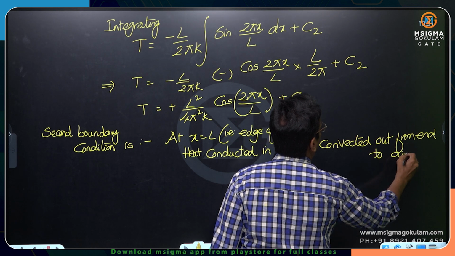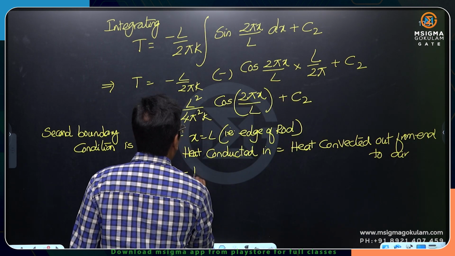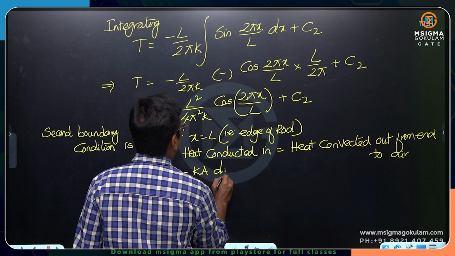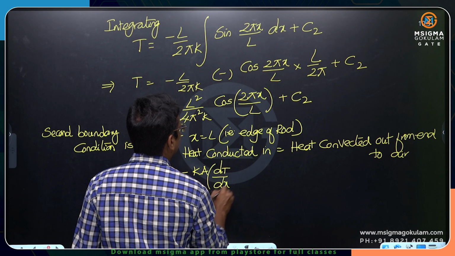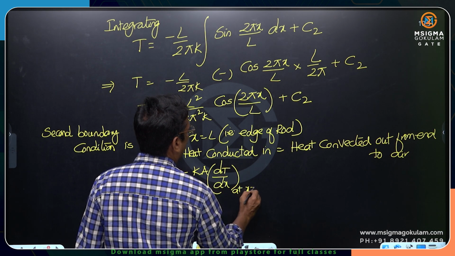What is the heat conducted in? Minus kA dT by dx at x is equal to L, at the end of the rod.